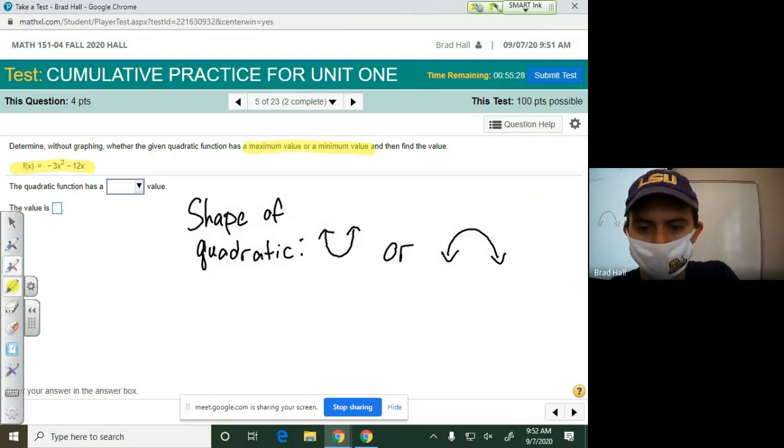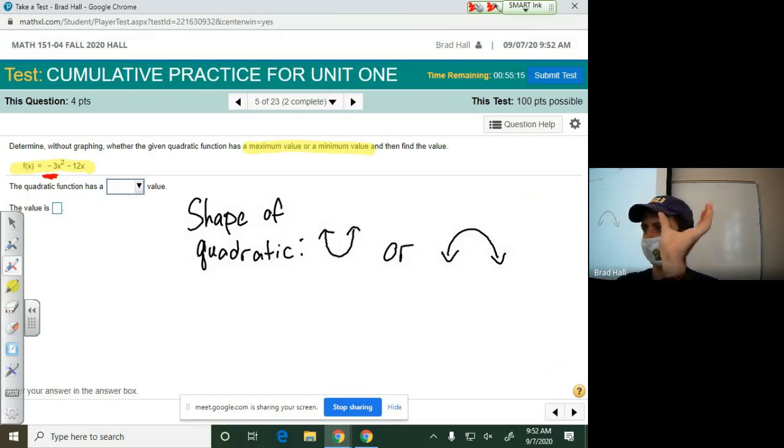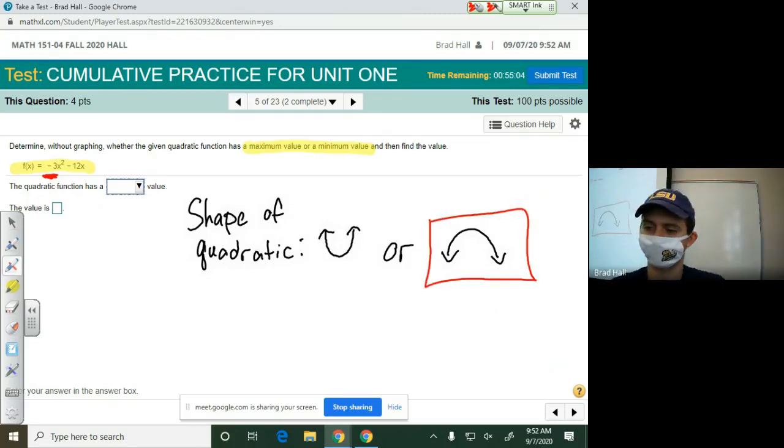So the criteria is the sign of the leading coefficient that I'm underlining in red. If that number is positive, then it's shaped upwards. If it's negative, it's shaped downwards. Well, guess what? -3 is negative. So because the leading number is negative, the cup is shaped downwards.